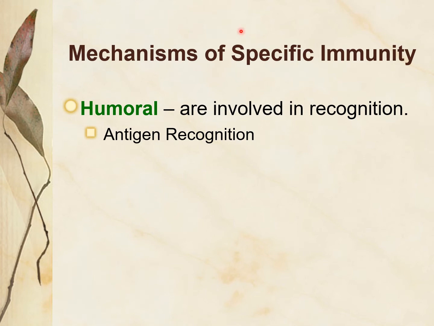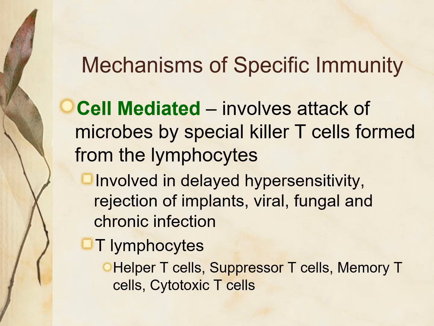Then the B lymphocytes stored in the lymph nodes are subdivided into thousands of clones, which are stimulated to enlarge, divide, proliferate, and differentiate into plasma cells capable of producing specific antibodies, as mentioned in the previous slides.